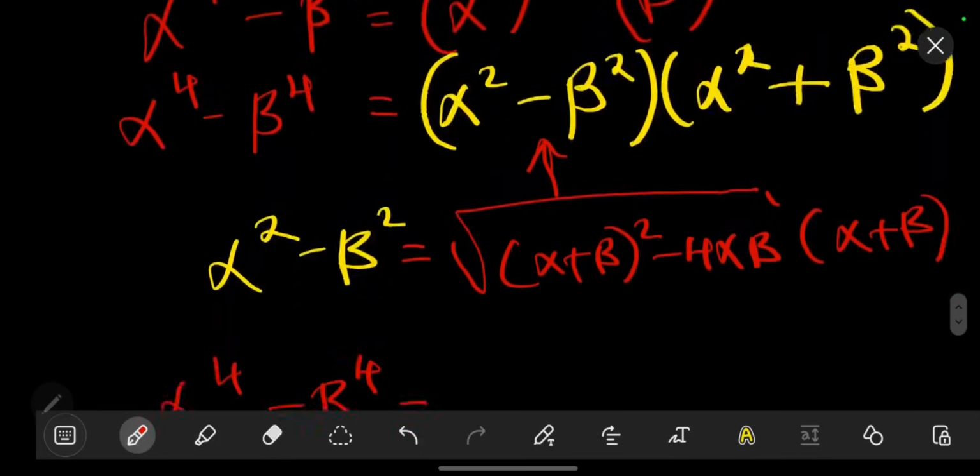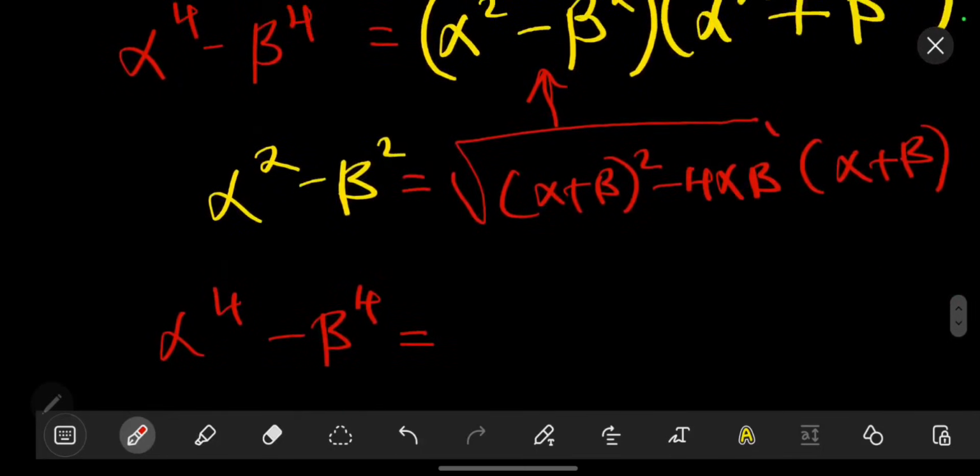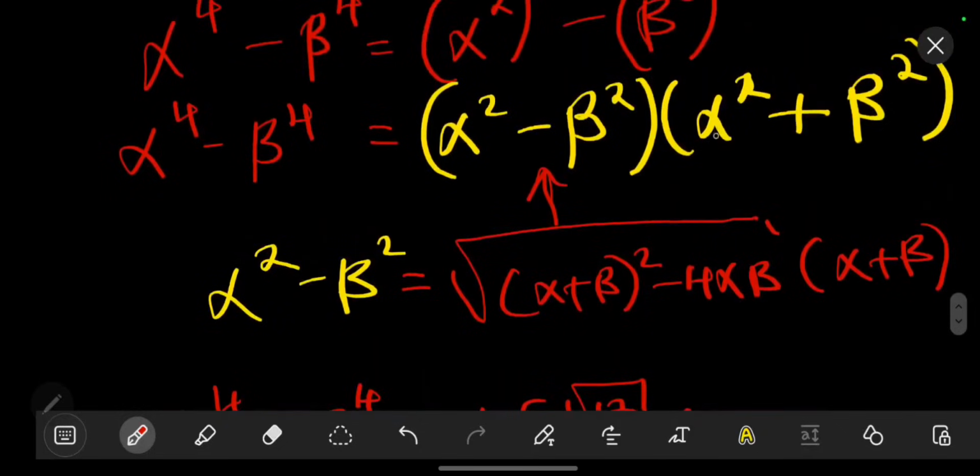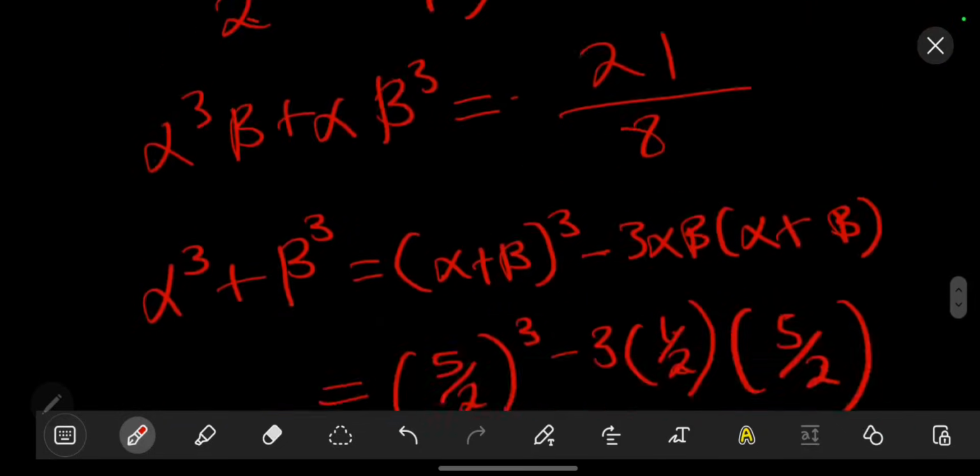So we are going to replace it there. So we are going to have plus or minus 5 over 4, then the square root of 17, like that. Then we are going to multiply this by what alpha squared plus beta squared is giving us.